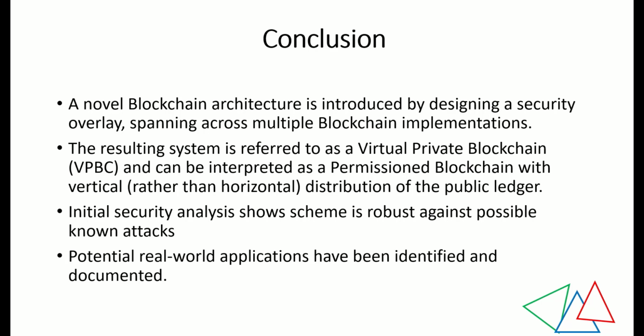This can be interpreted as a permissioned blockchain with vertical rather than horizontal distribution of the public ledger. We also discussed that initial security analysis shows the scheme is robust against possible known attacks. We also discussed the potential real-world applications of this scheme, and these have been identified and documented.